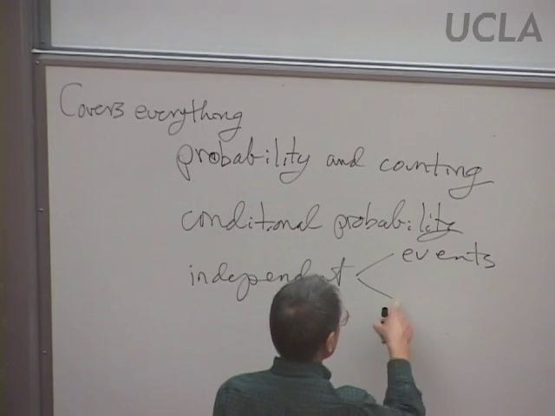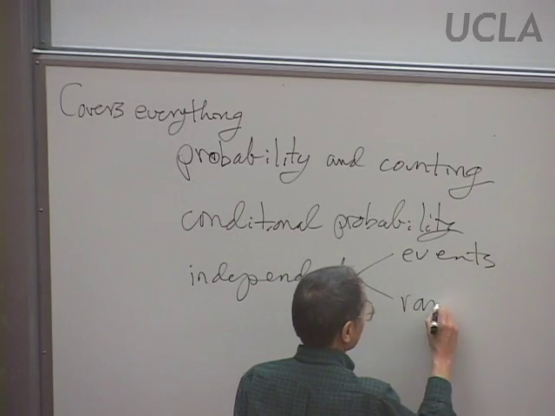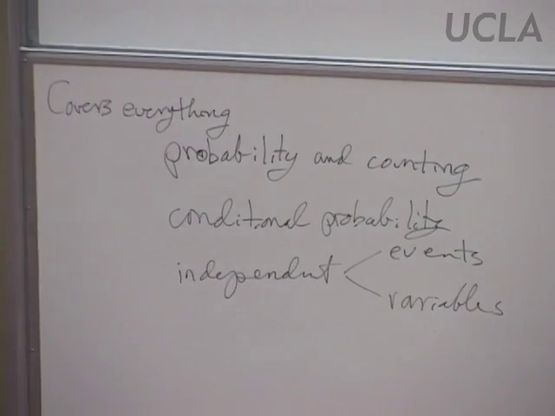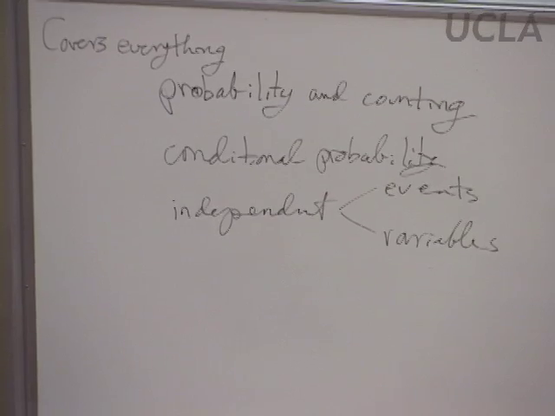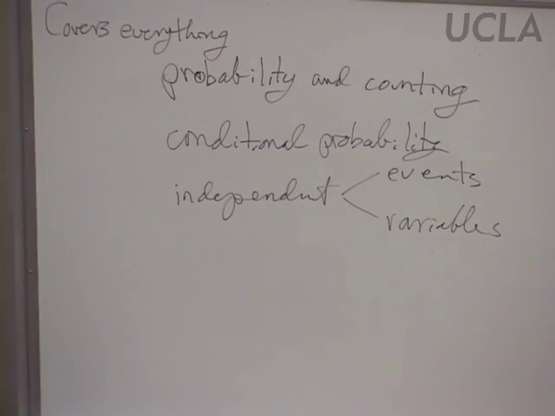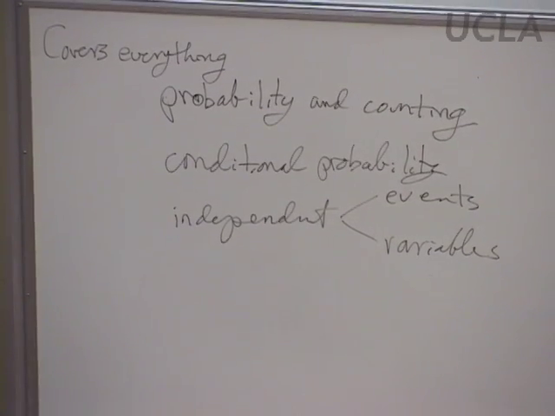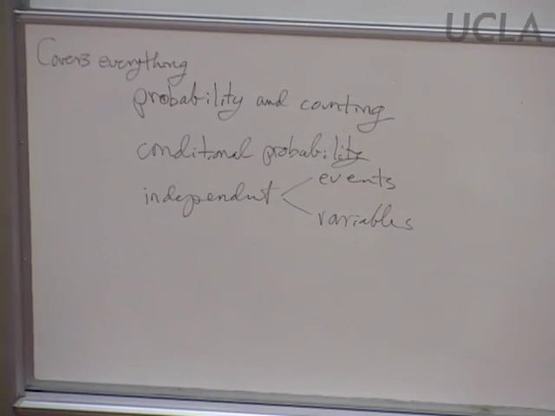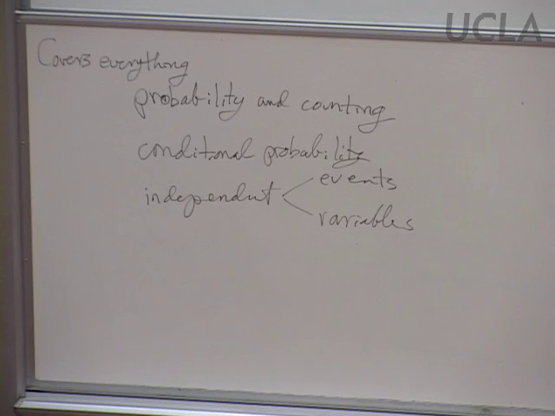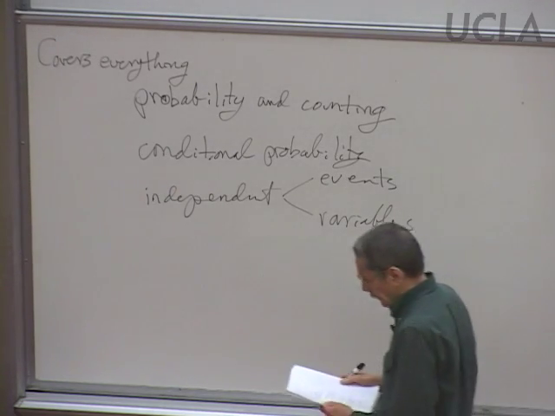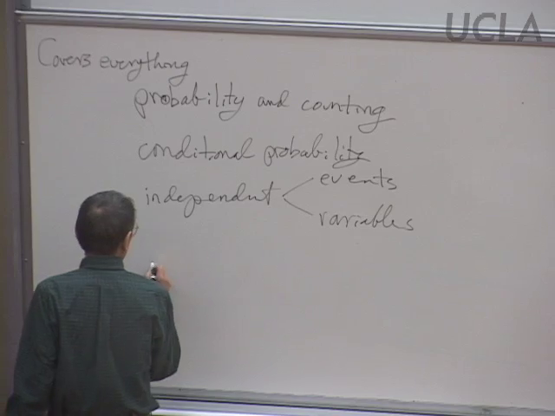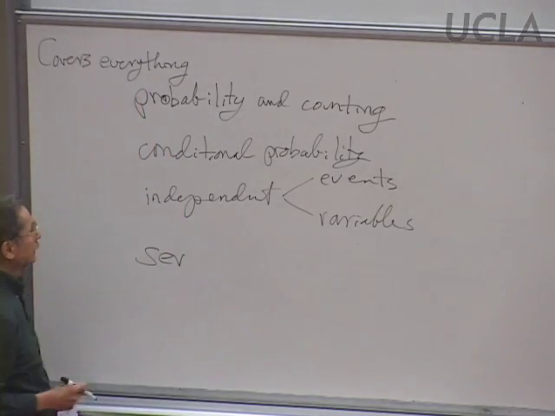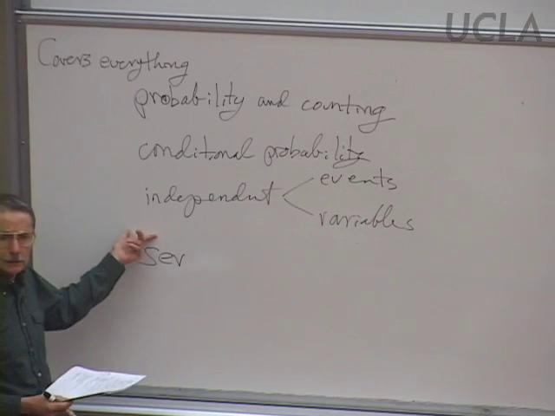And later we talked about independent random variables, where knowing the value of x doesn't affect one's assessment of the likely values of y. And so these are basic concepts that came up early in the course.